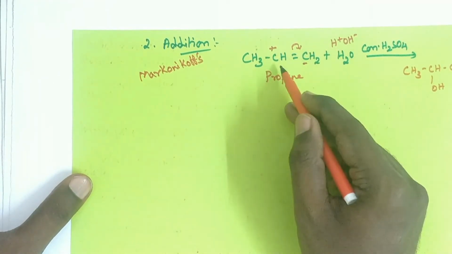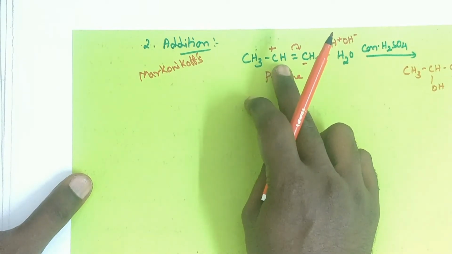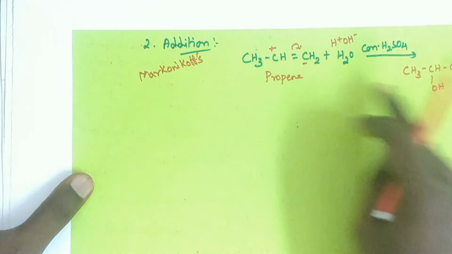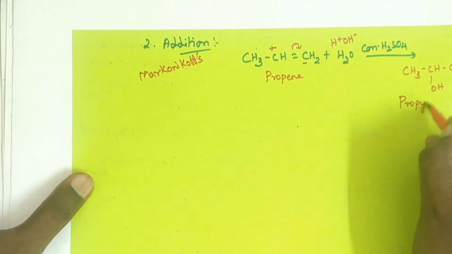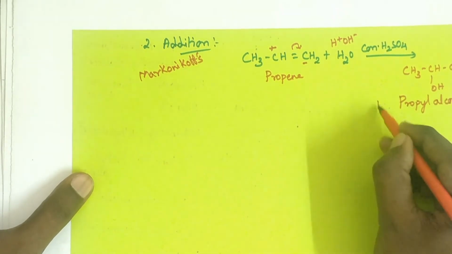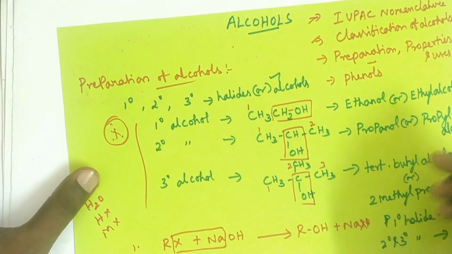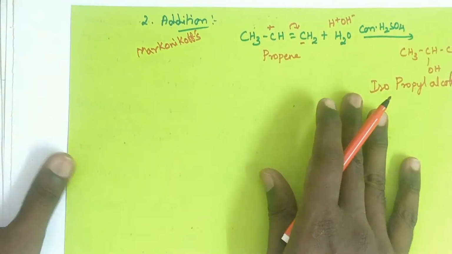Here this carbon contains only one hydrogen, so the OH is added over this carbon to form propyl alcohol. Since there is a branch, the common name is isopropyl alcohol, IUPAC name propan-2-ol.